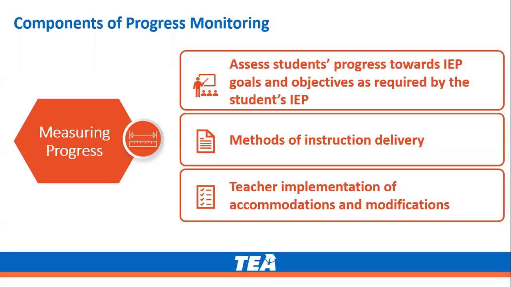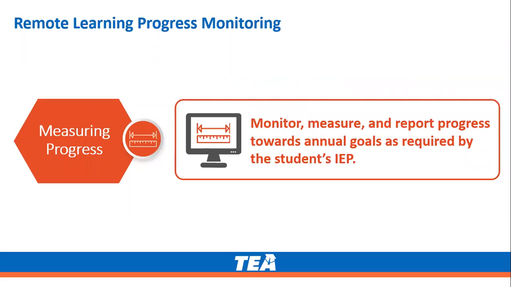It also provides documentation of the implementation and effectiveness of identified accommodations and modifications. This next slide highlights measuring progress, but specifically during remote learning. When measuring progress, there's no difference between remote and face-to-face instruction.